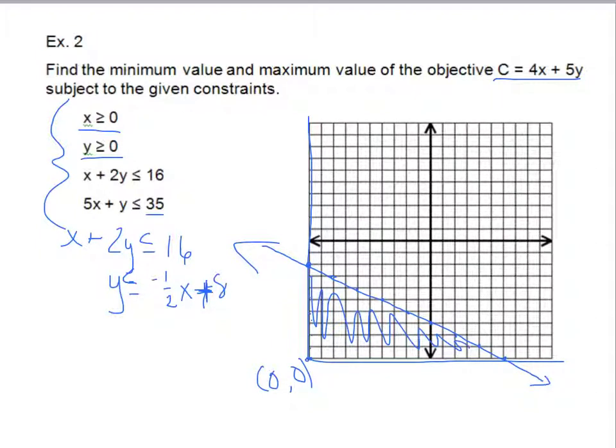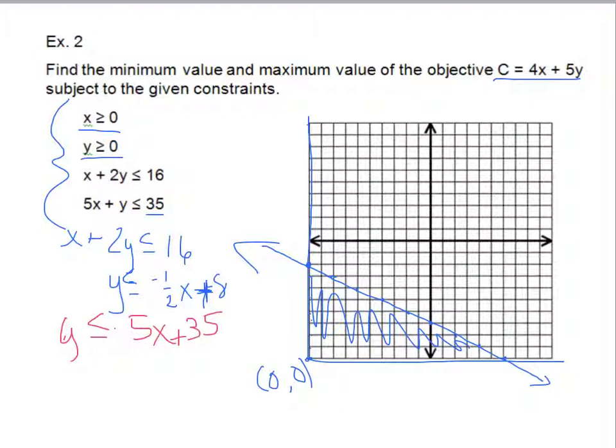Alright, the other equation, if I solve that one for y, I get y is less than or equal to negative 5x plus 35, which is way up there. So let's think. This is 10. This is 20.